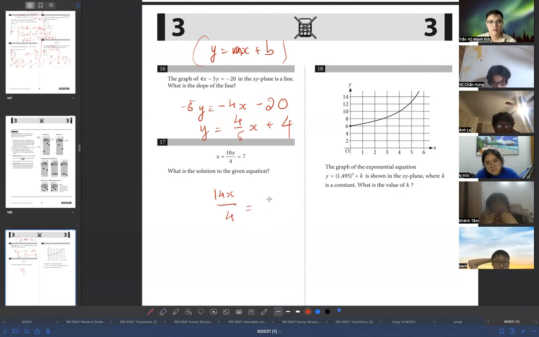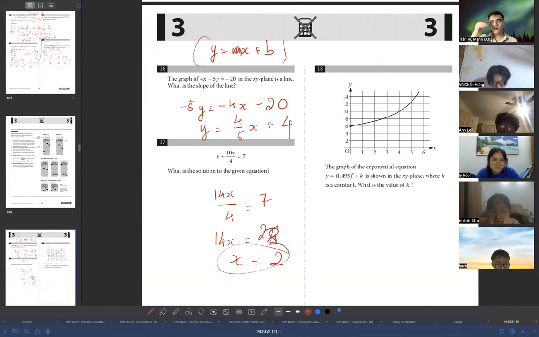It's 7, and we multiply 4 with 7. 7 times 4 is 28. Okay, so x is 2. Okay, great. Remember the multiplication table? Yeah.